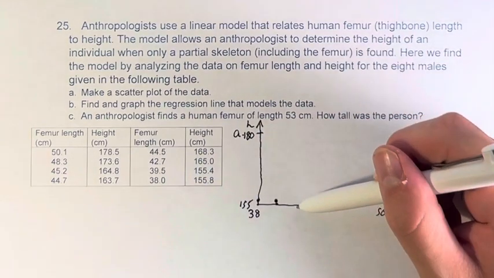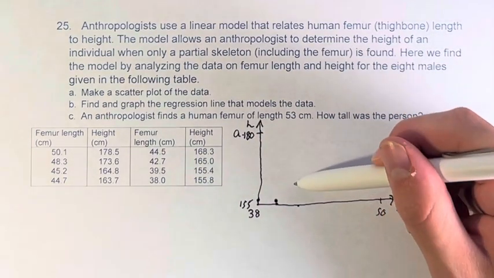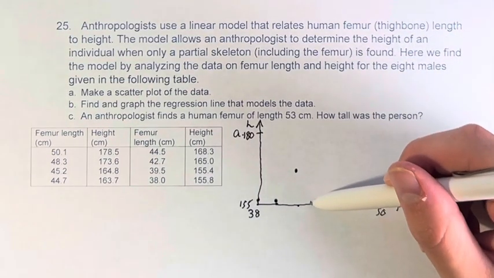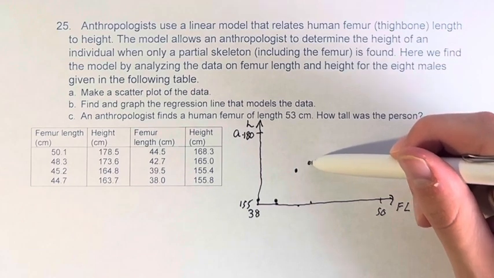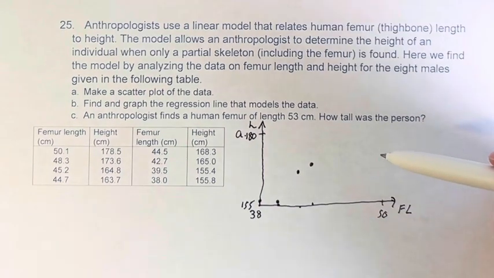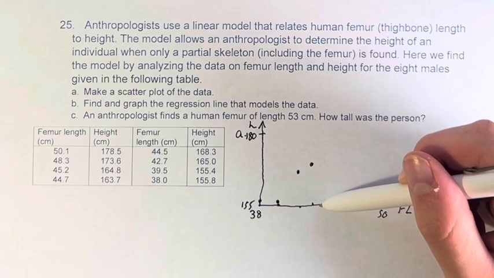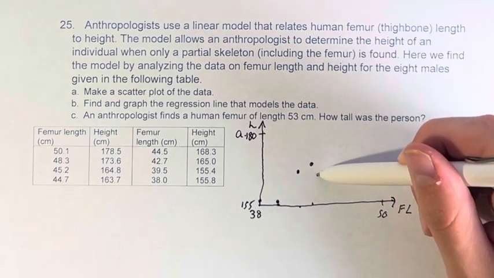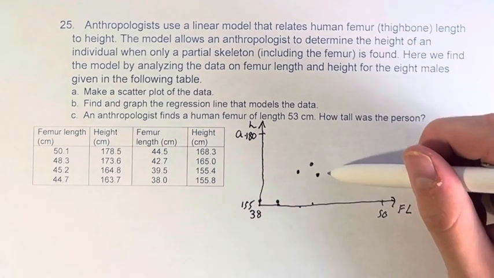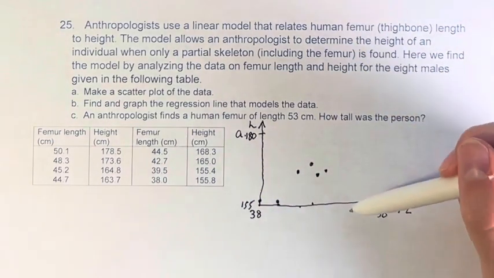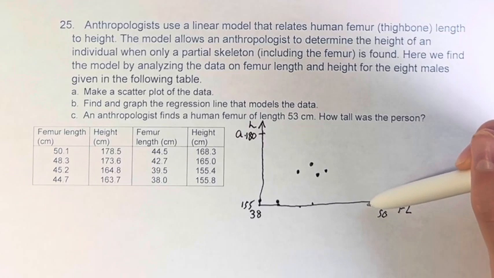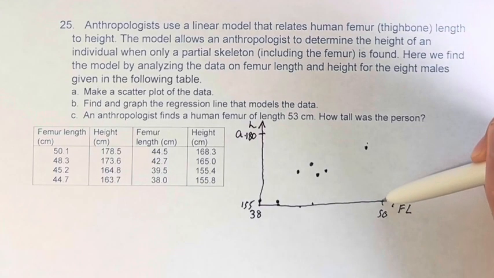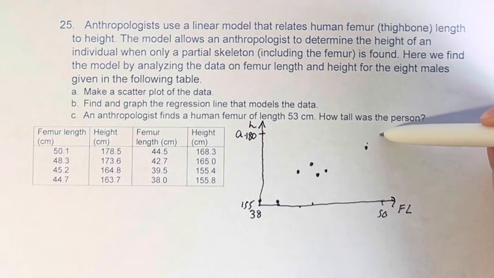Next, 42.7, it's going to jump up quite a bit, up to 165. 44.5 is going to be 168.3. 44.7, slightly more, but starts to dip again, below both of these points, before going up slightly for 45.2. 48.3, way over here, is all the way up at 173.6. And 50.1, just above this line, is at 178.5.